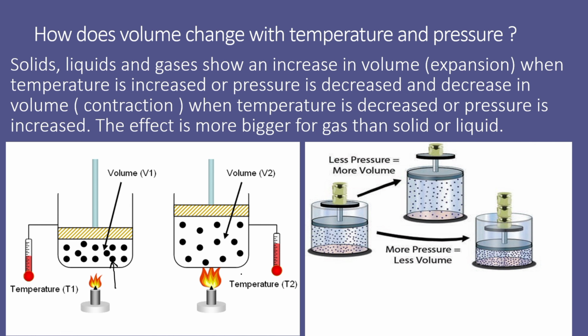So as the kinetic energy increases, the volume also increases. So we can say that volume is directly proportional to temperature. That means that if you increase the temperature, volume will also increase.